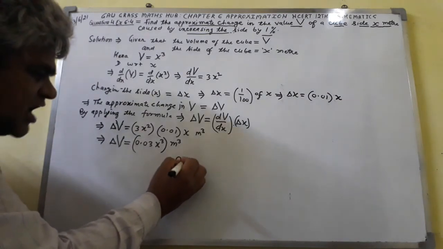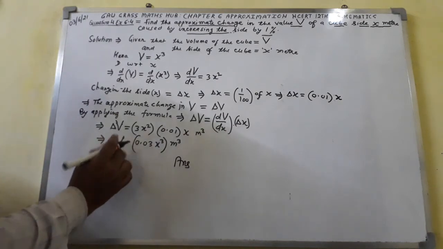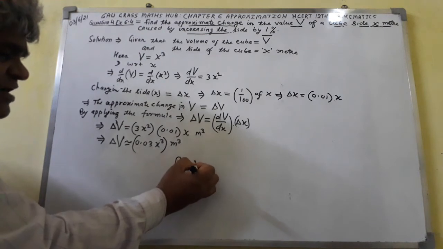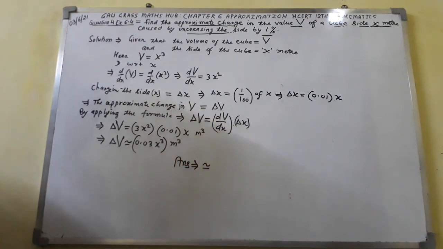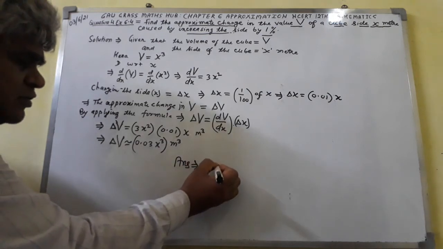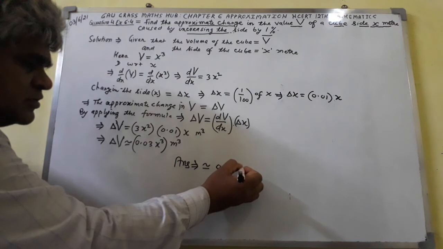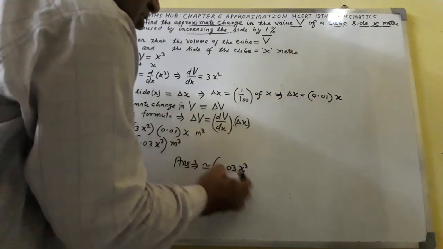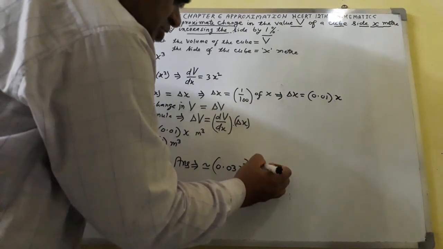Here I shall write the answer. This is the approximate value: 0.03 x cube, in brackets m raised to power 3.